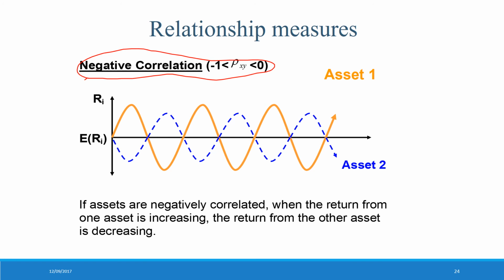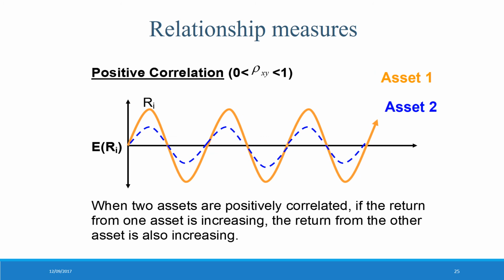When asset 1 moves up, asset 2 moves down. So when one increases, the other decreases. When we have positive correlation, when asset 1's returns increase, asset 2's returns also increase. They tend to move together.